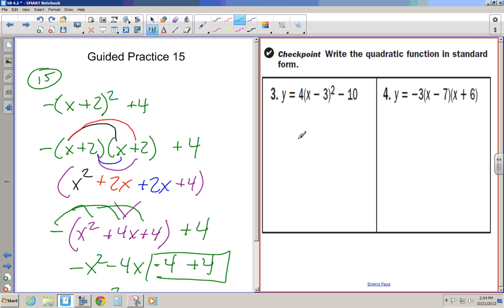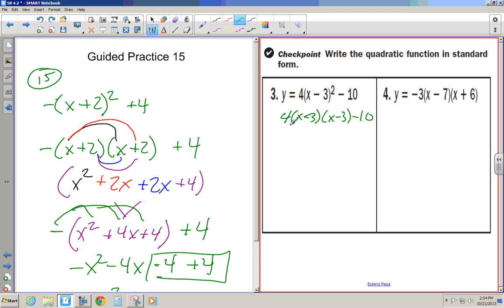All right. Let's do a couple more. These are the checkpoints on your note-taking guides. Please remember (x minus 3) squared is 4 times (x minus 3) times (x minus 3) minus 10. Go ahead and try to do these on your own and then see if what you did is correct.